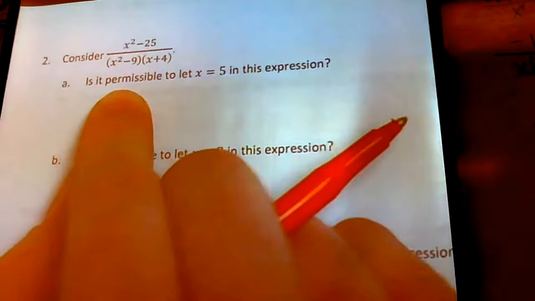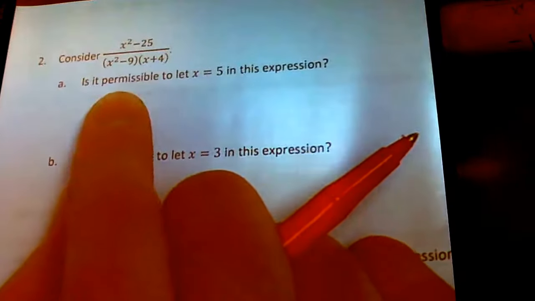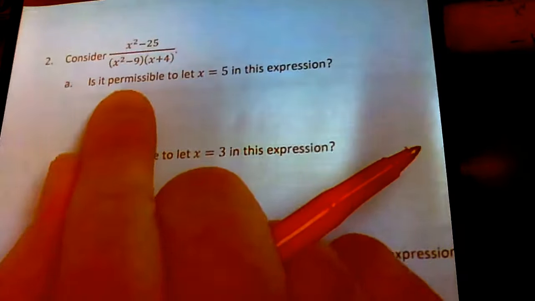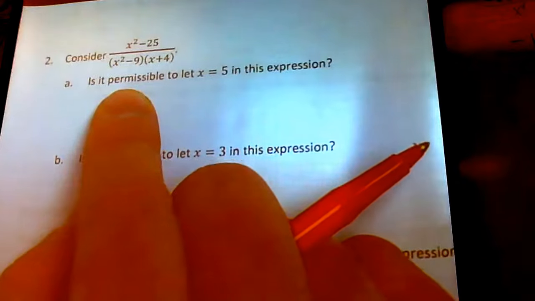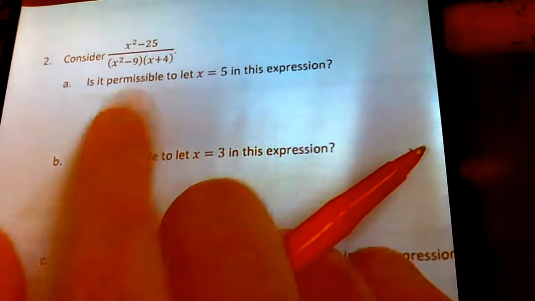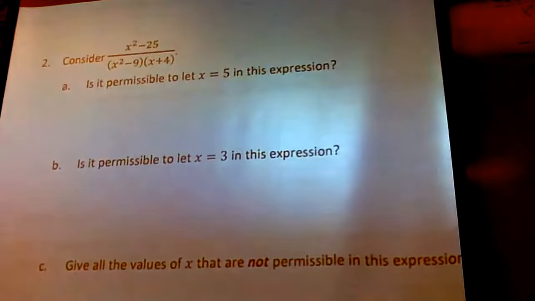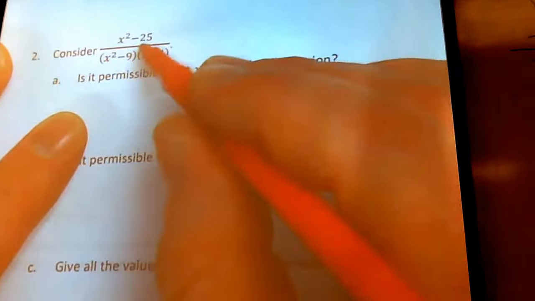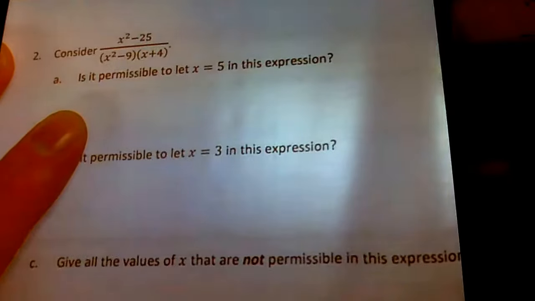Is it permissible to let x equals 5 in this expression? Permissible means, do you have permission? To me, it should be, is it allowed? Does it make sense? Can you put x equals 5 into this? Will it give you a value, a number?